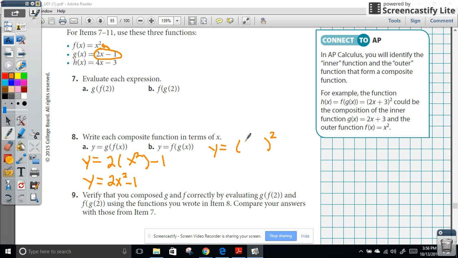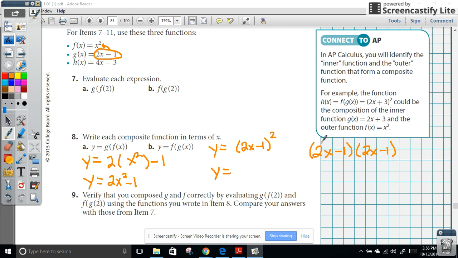So that means what's being squared is the 2x minus 1. Now, I am going to go ahead and square that. I don't think that's part of the problem, but I am going to go ahead and square it just because we've got this coming up in a couple of weeks. We might as well start practicing it now.